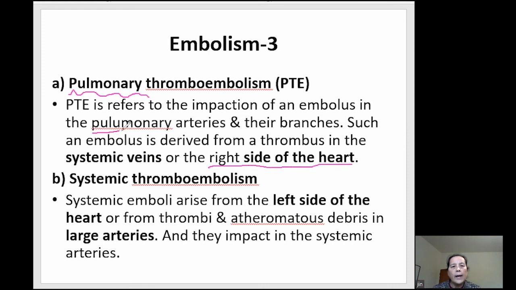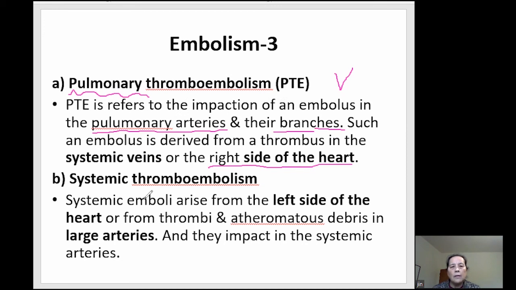In the lung area, the blood vessels are pretty small, so they block there. Generally that comes from the vein side, or from the right side of the heart.